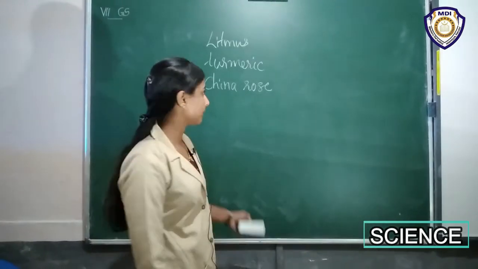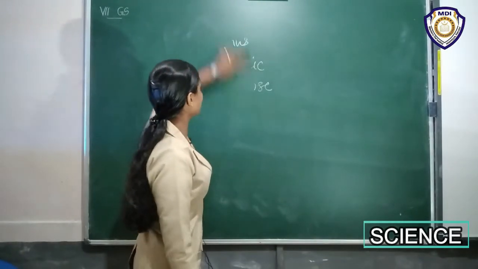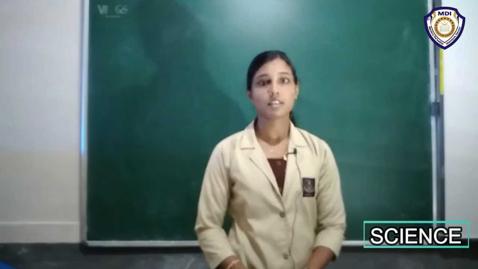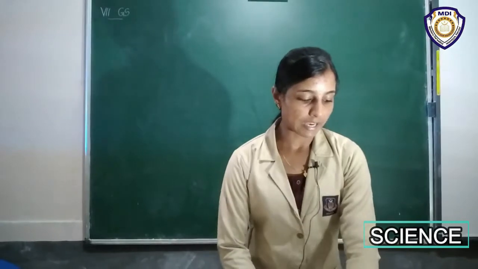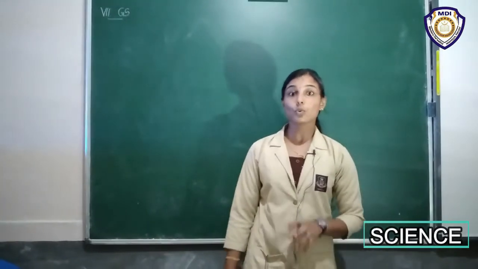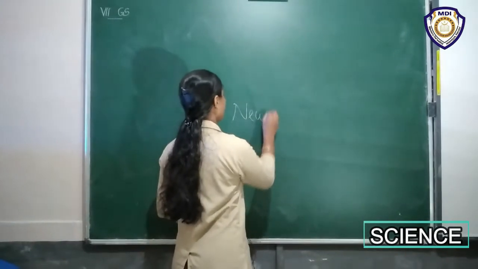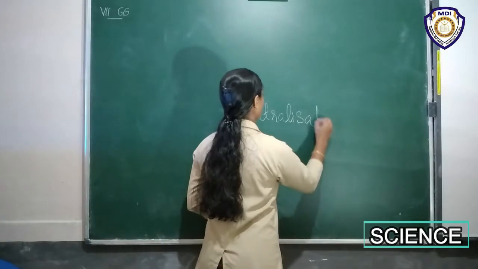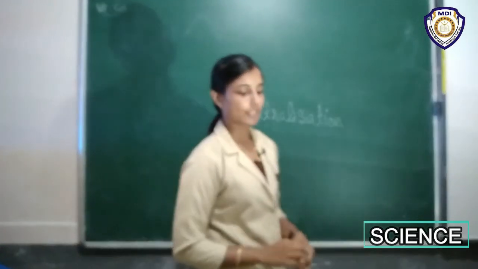So these are the natural indicators, and they indicate whether the solution is acidic, basic or neutral. Now we are going to discuss a new thing, that is neutralization. So what do you mean by neutralization?